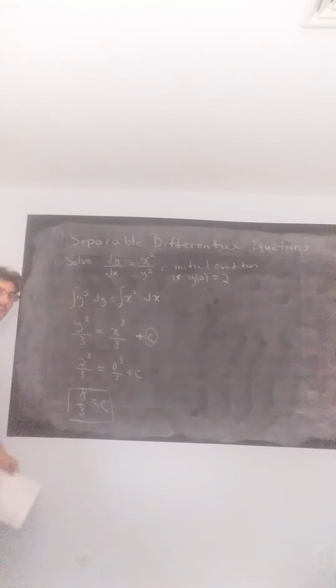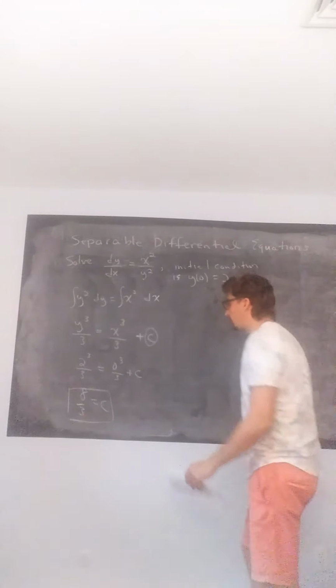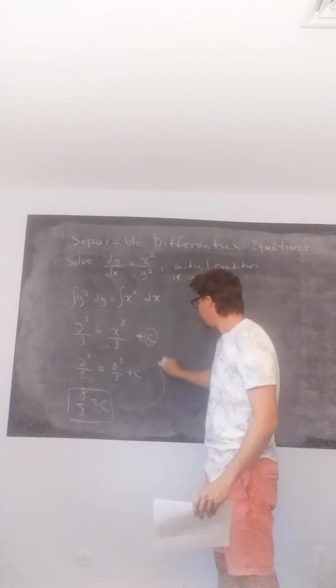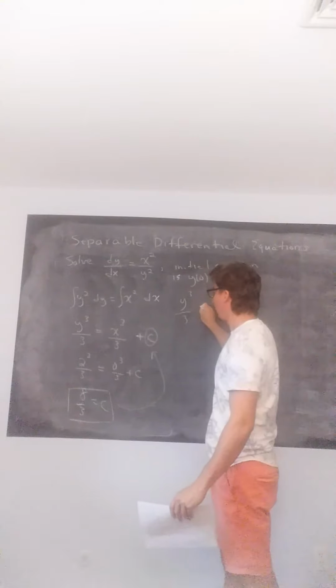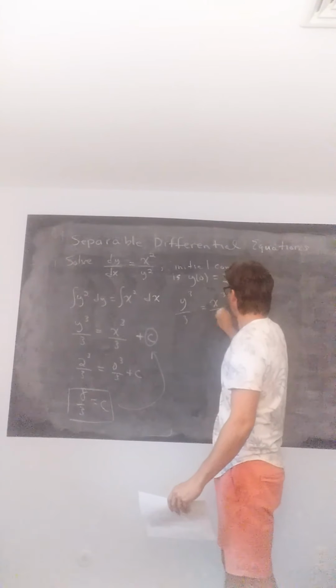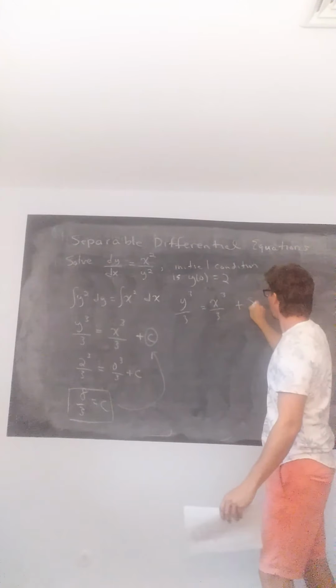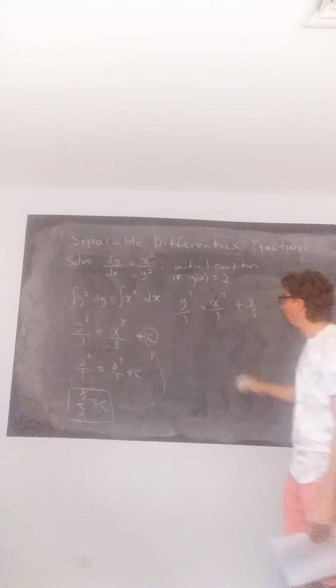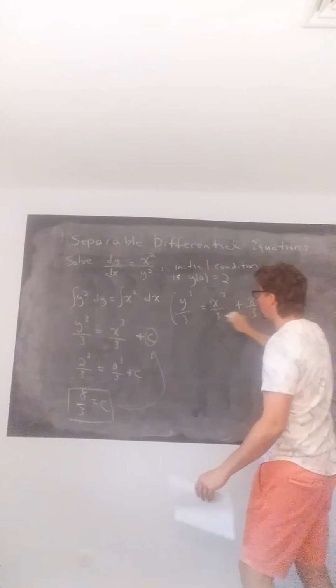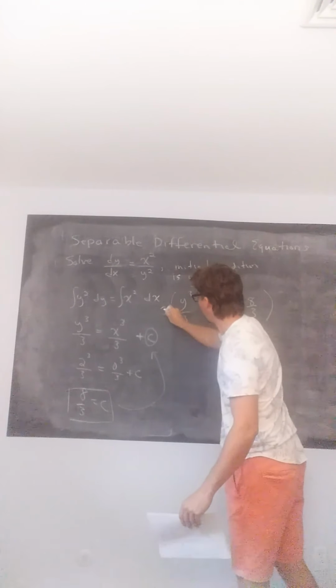So that's a very particular antiderivative. And now what we're going to do is just go back to this stage right here. So I'm going to rewrite this as y cubed over 3 equals x cubed over 3 plus 8/3. And now we're going to go ahead and solve it for y. So I'm going to multiply everything by 3, and it works out nice.